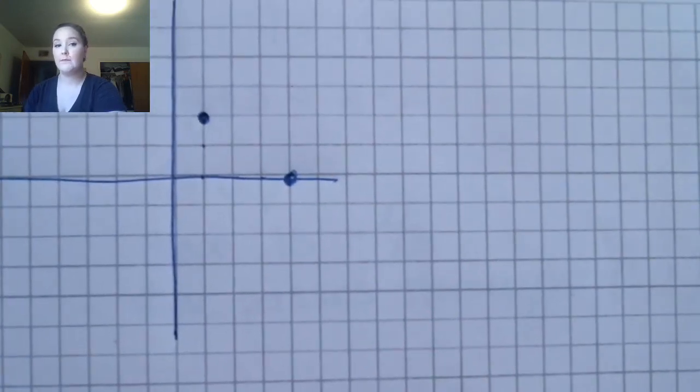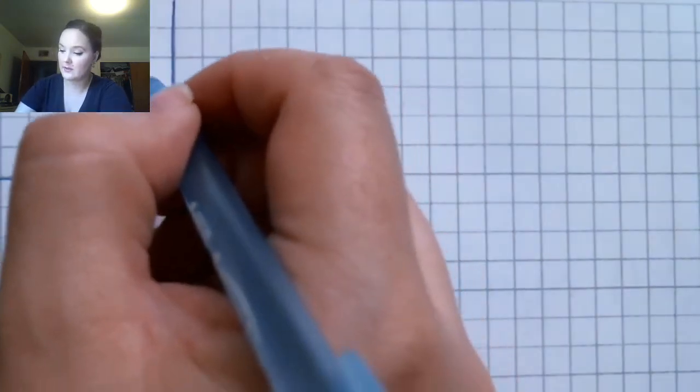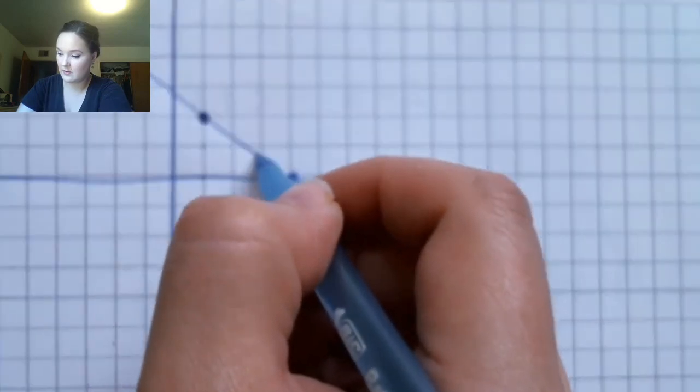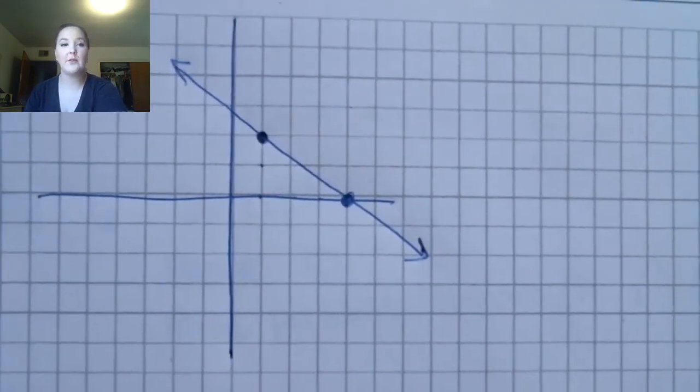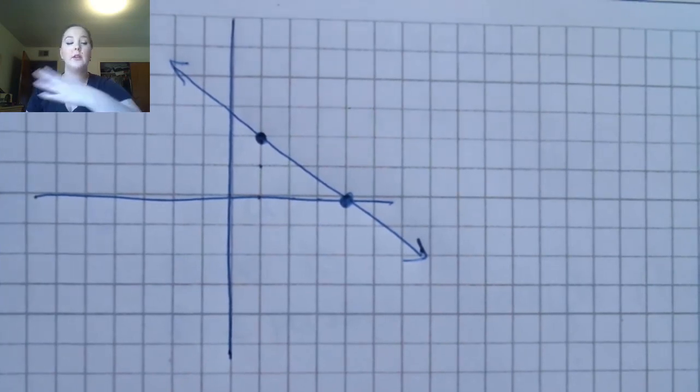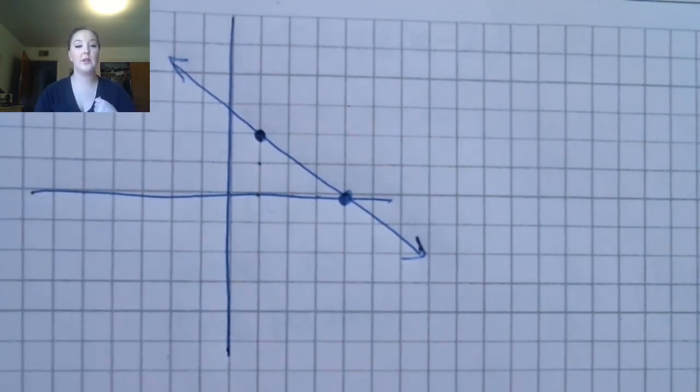Now that you have these 2 points, you can connect them with a line and make your graph. You don't need the slope-intercept form or the y-intercept, you just need a point and the slope to make a graph. Or you can graph it with the 2 intercepts like we saw in the previous section.